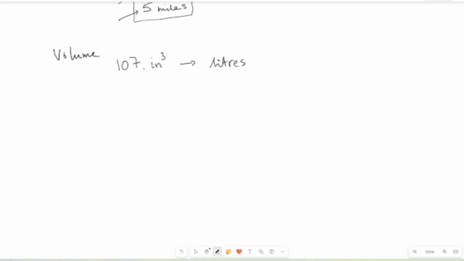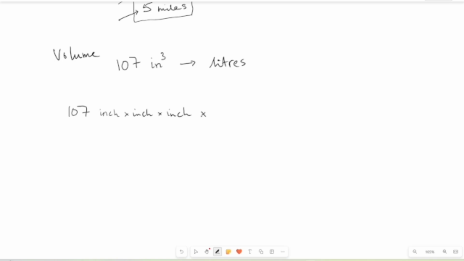So we need something that is going to go from cubic inches to litres, and you can look up a direct conversion on the internet and use the method. But if we don't have access to the internet, we've got to do something a little bit different, and it's essentially the same method but a bit longer. 107, now cubic inches is inch times inch times inch.